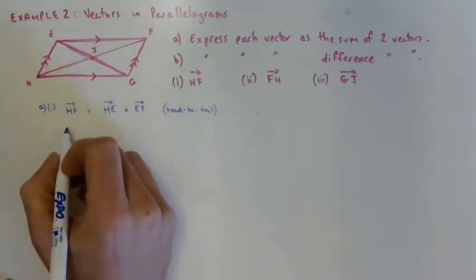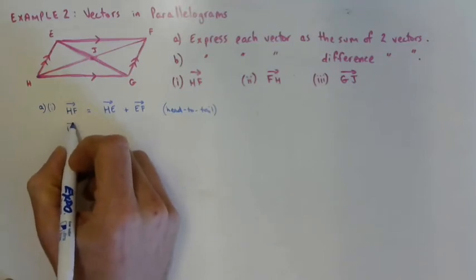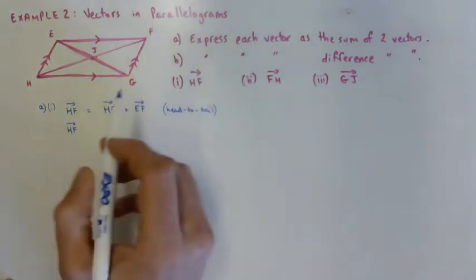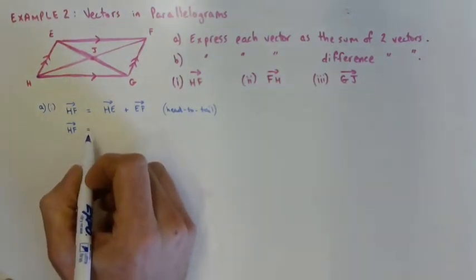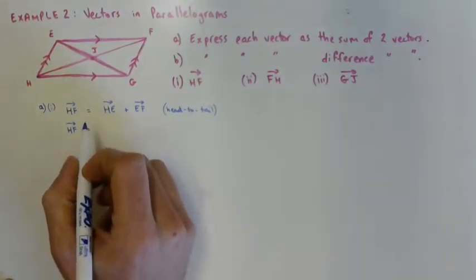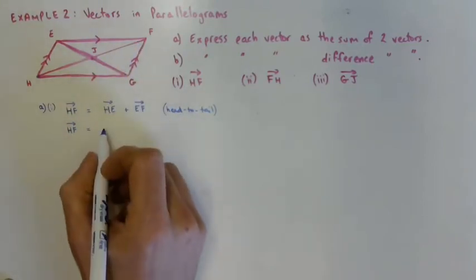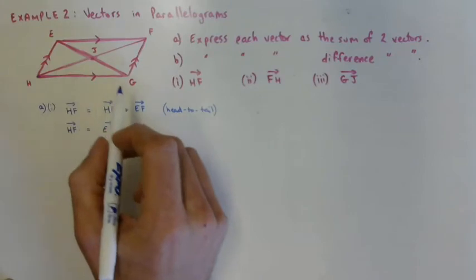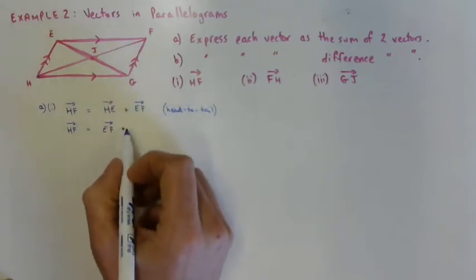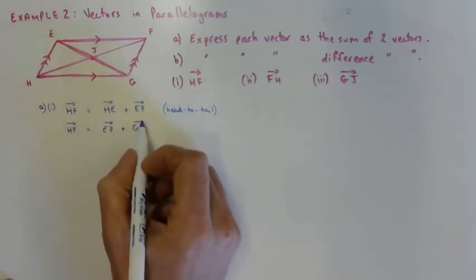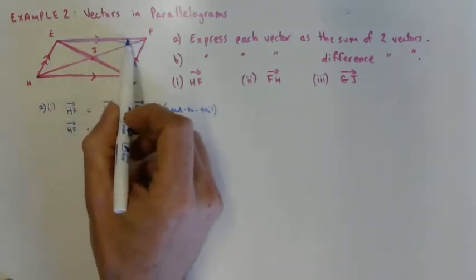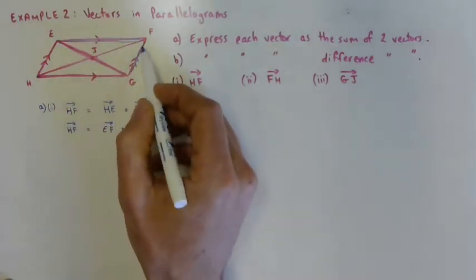So let me just write down what we're doing here. We're looking at expressing HF as a sum of two vectors. And we could do that by taking EF plus GF. And how would we do that? Well, you would draw these two vectors right there and right there, okay?